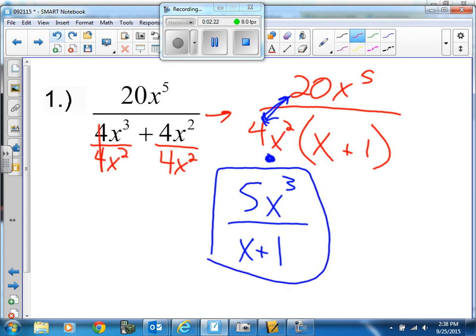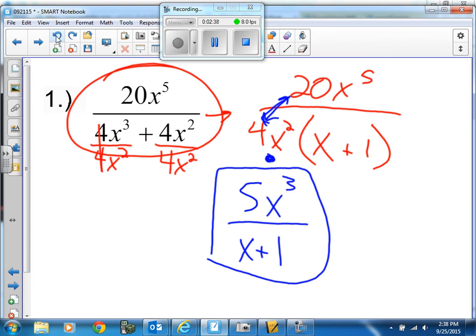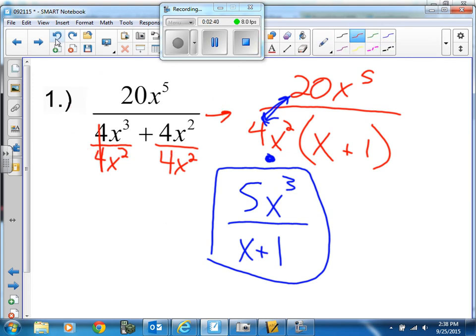Now, remember I talked about one way you can check: whatever you simplify, you should be able to plug in a number and your value from your original should be the same as your simplified version. So I'm going to go ahead and do that. I'm going to choose an easy number. Let's just choose 1.